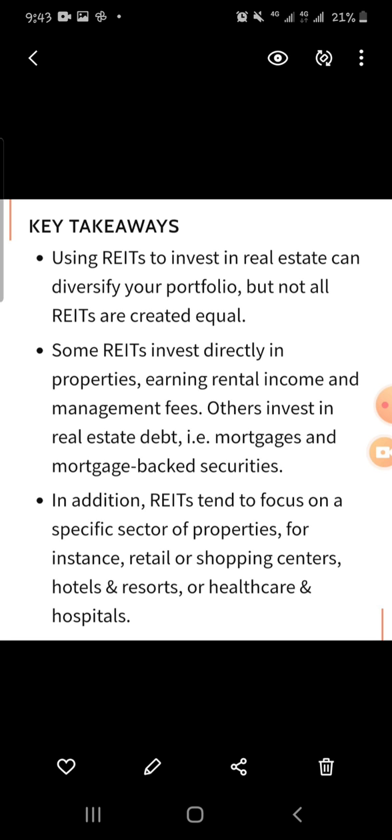For example, one individual might not be able to gather the money to build a healthcare center, a hospital, or a 5-star hotel. But this investment trust can pool funds together from individuals, build these large edifices and hotels, earn the profit from it, then share it back with those who have invested in this real estate investment trust.